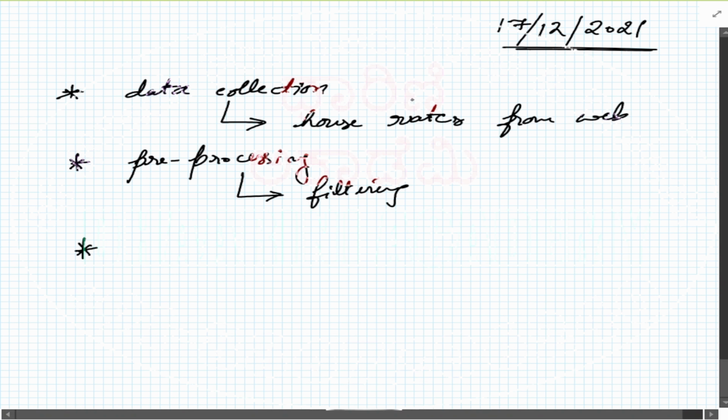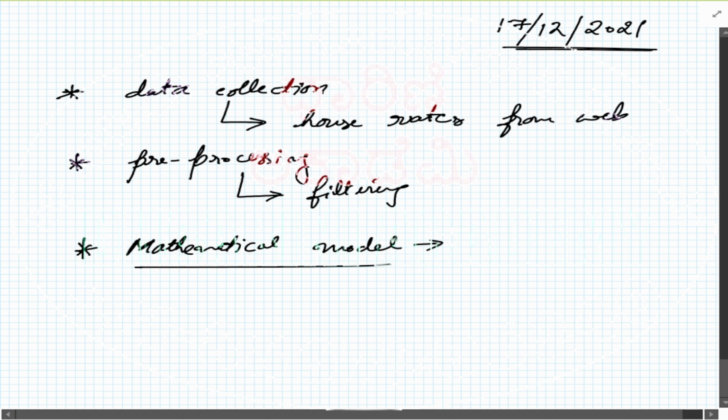So data collection and pre-processing are the two things we discussed in the previous section. Now once the pre-processed data is with you, our next intention is to build a mathematical model. In the mathematical model we have to choose one important aspect that is called the algorithm.